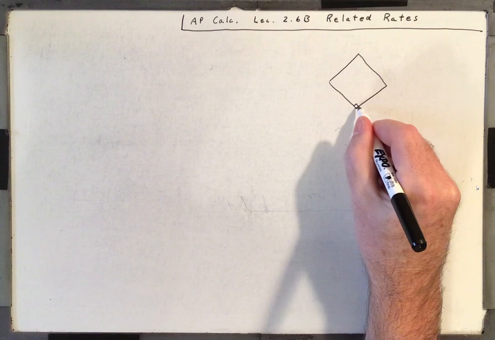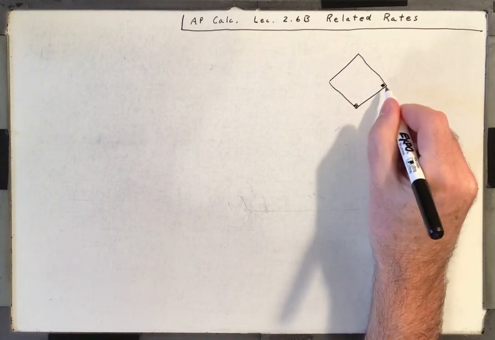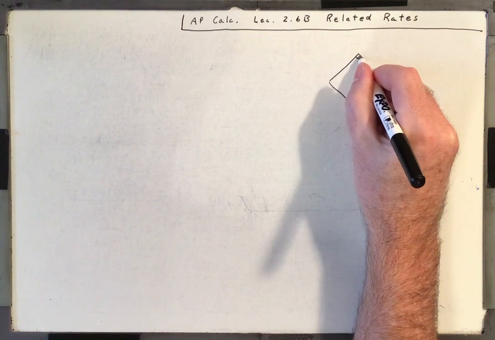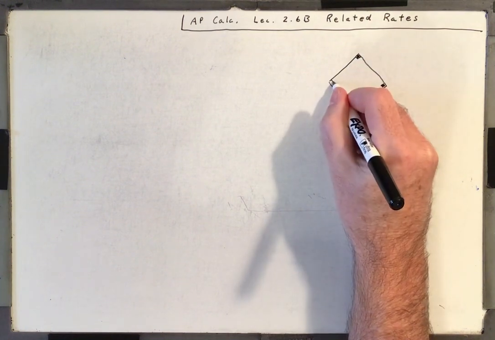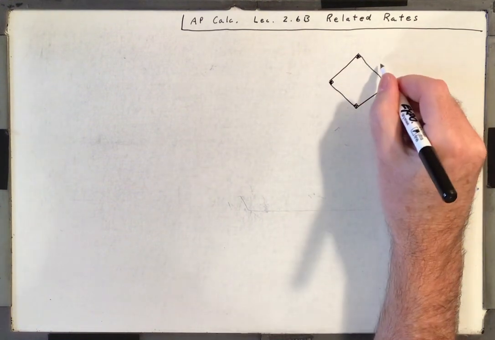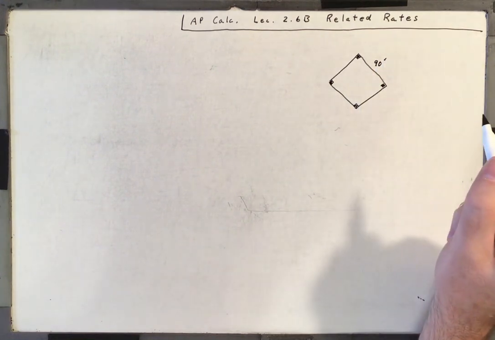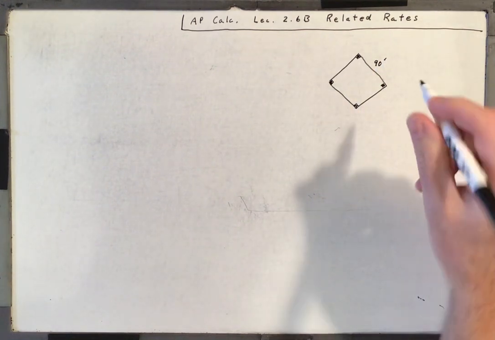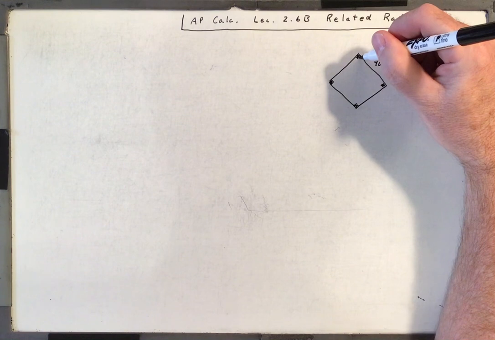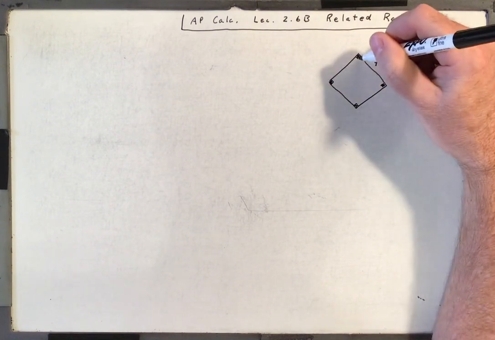Go ahead and put home plate in there. First, second, and third. Now the distance between each base is 90 feet, so I'm going to just put a 90 feet right there. We know what we're trying to get. So the batter is halfway between home plate and first.